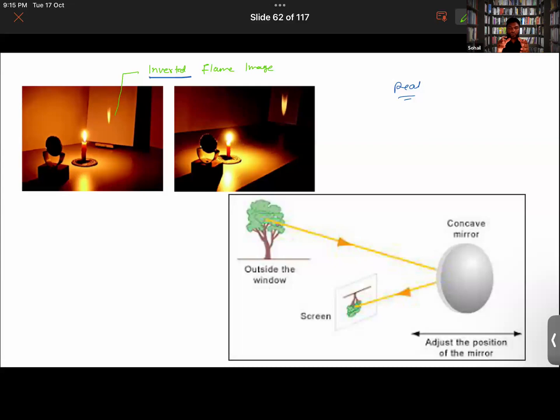So there, the sensor is basically displaying the image on the screen. It's not that the light rays that are falling on the camera are directly being displayed.